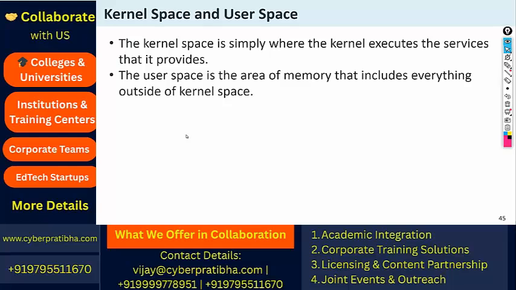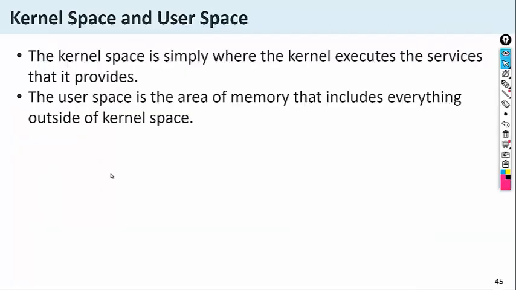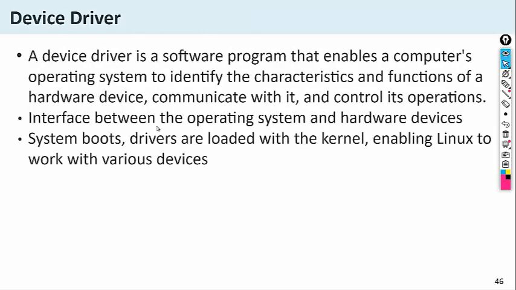The other is the area where the user interacts, which is outside of the kernel area. This area is known as user space. User space is the area of memory that includes everything outside of the kernel. The kernel is the core, and every process is executed on the core, but outside the kernel there is a user space where the user executes and works on everything.